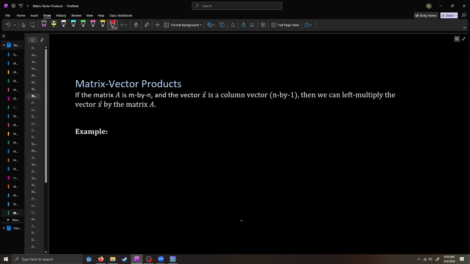So if I want to do A left multiply x, then this is possible as long as the matrix and the vector are compatibly sized. So if A is m by n and x is n by 1, then these objects are compatibly sized for this kind of matrix multiplication.